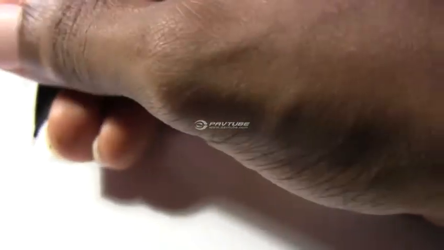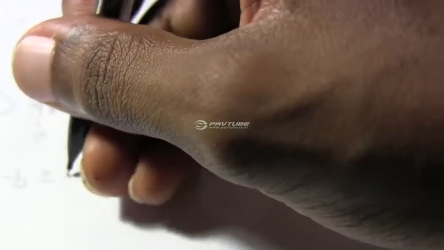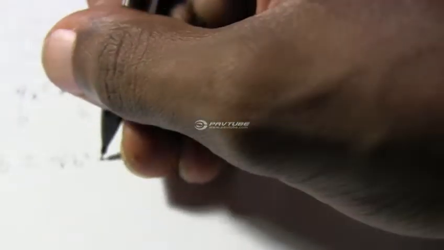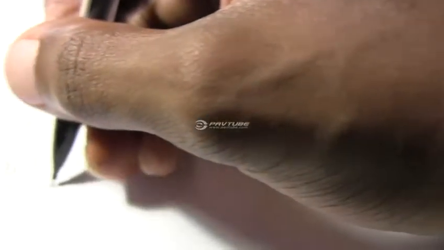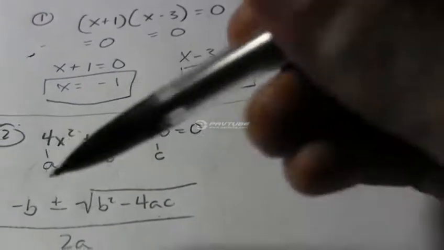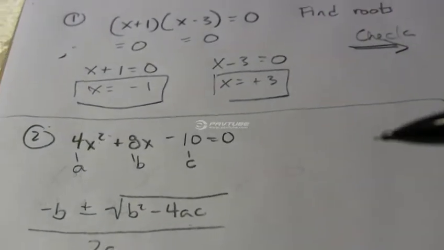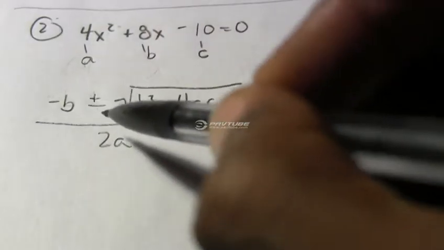Anyway, quadratic equation, negative b plus or minus... actually, I don't remember it. I think it's plus or minus the square root of b squared minus 4ac, all over 2a. Yeah, this is right.